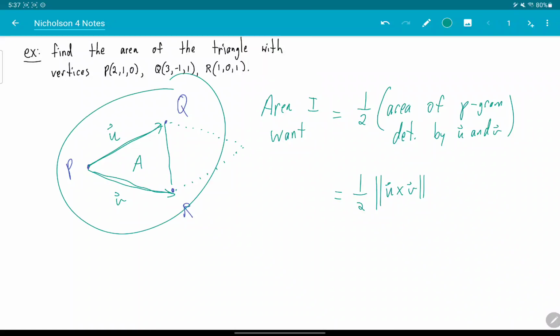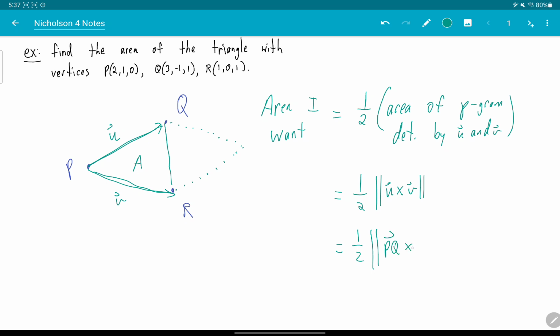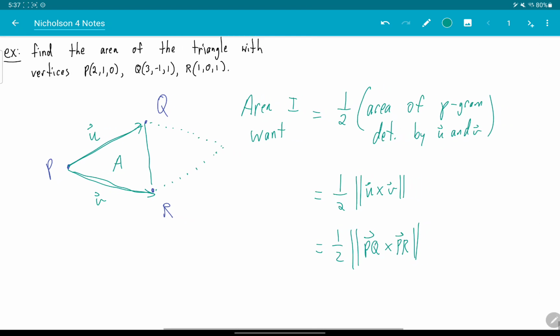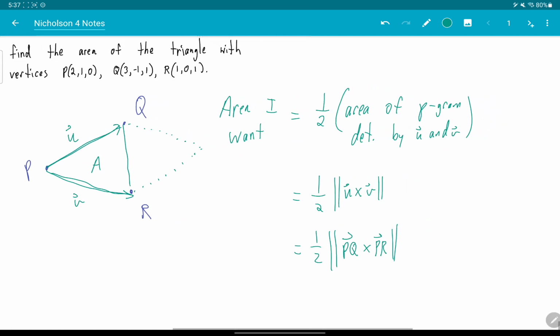Now, as I've drawn it over here, u is PQ cross PR. And I can find PQ and PR by subtraction.